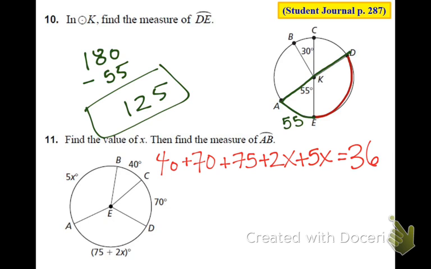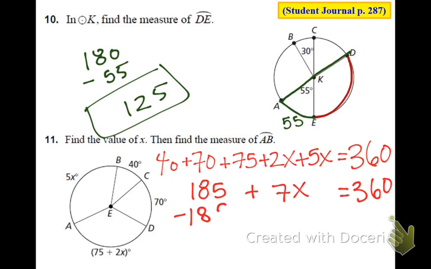Equals 360. 40, 70, and 75 make 185. 2x and 5x make 7x. Subtract 185. So x equals 25.